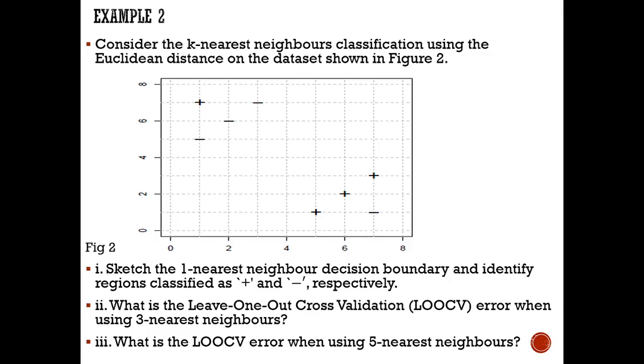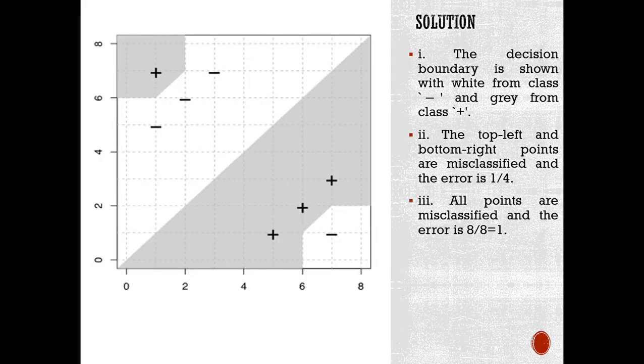Now that is for the 3 nearest neighbors. For the 5 nearest neighbors, we cannot have 5 plus signs grouped together without having a negative close to it. For us to have 5 nearest neighbors, we must have 5 points.